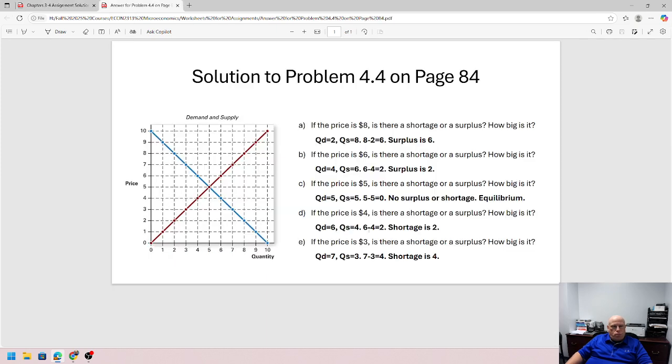And then on the other problem, this is the solution to problem 4.4 on page 84. Now, most of you got this correct. And on this one, some of you showed your calculations, some of you didn't.